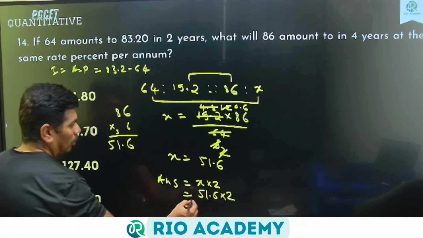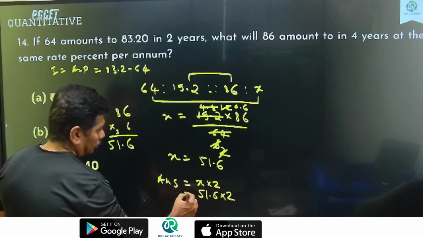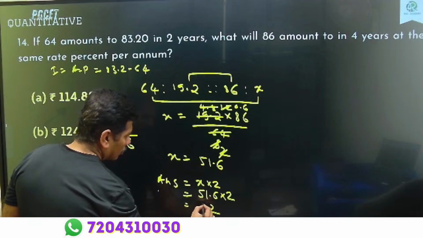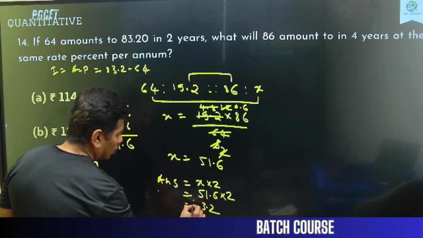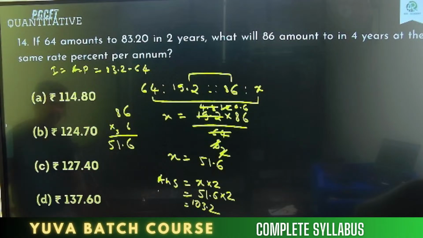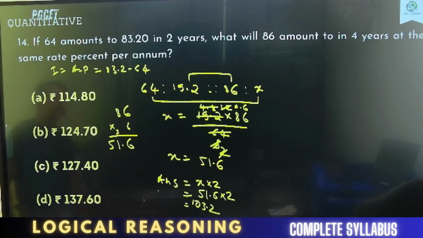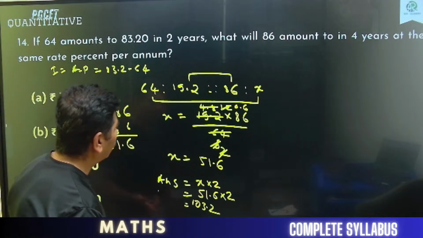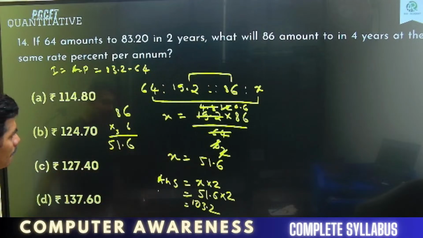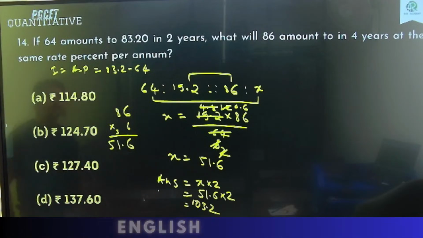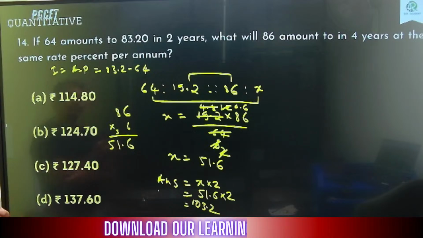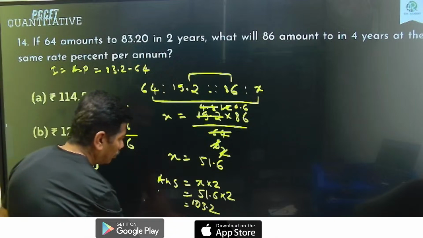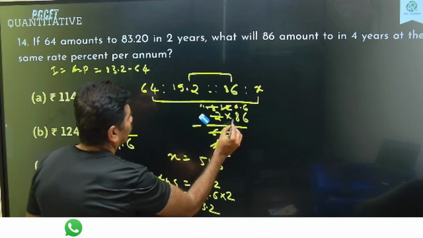That will give you 103.2. Is it somewhere 103.2? Or did I make any mistake in doing this 51.6 at the same rate? All right. I'm a little doubtful about this.